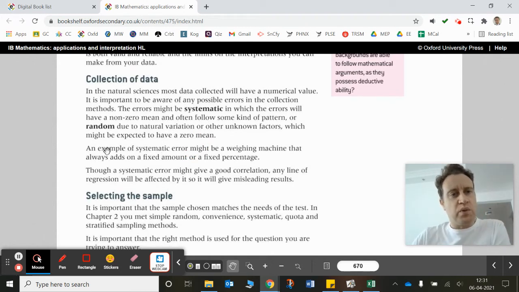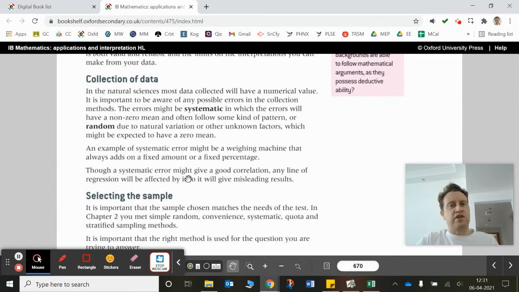An example of a problem with your collection of data could be a systematic error, for example in a weighing machine. This might still provide you with some good correlation, but it's going to be slightly off every time if your weighing machine is always adding a slight amount to the weight of something.